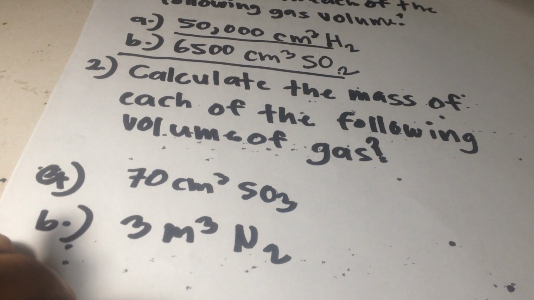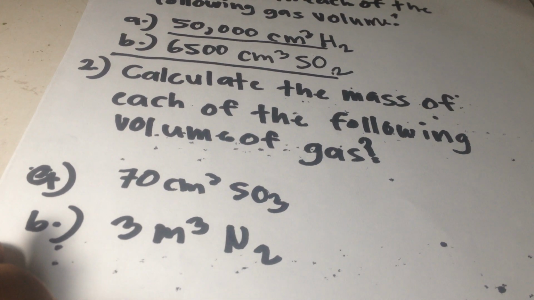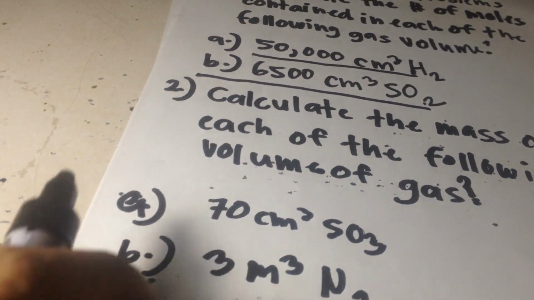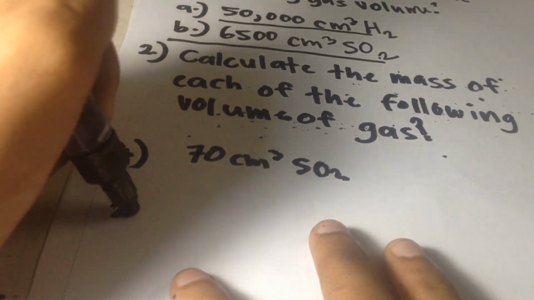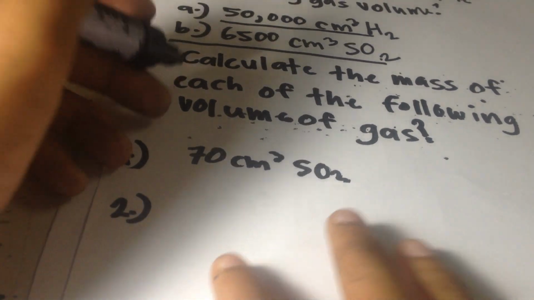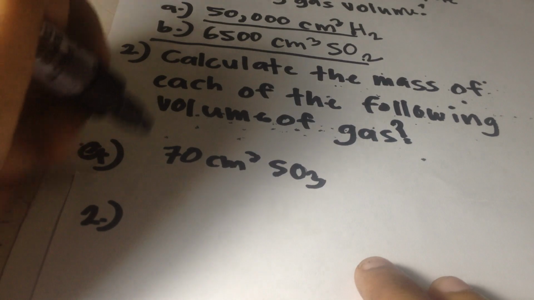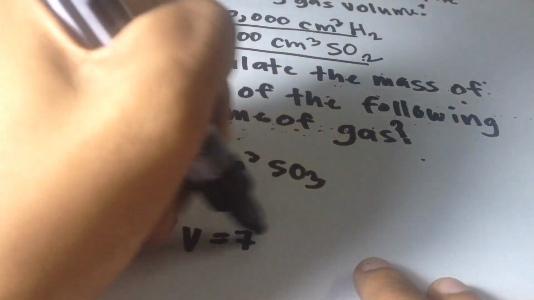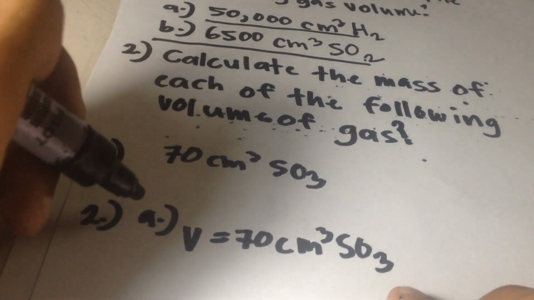Calculate the mass of each of the following volumes of gas. So let's begin with letter A. In number 2, letter A has 70 cubic centimeter. In letter A, we have a volume of 70 cubic centimeter of SO3, sulfur trioxide.